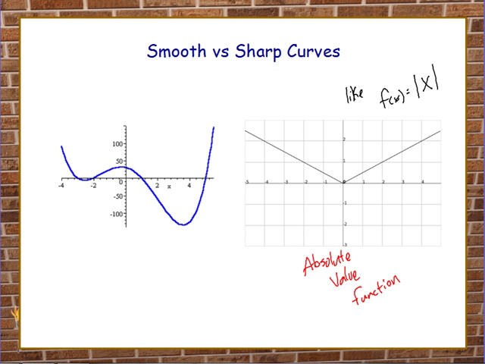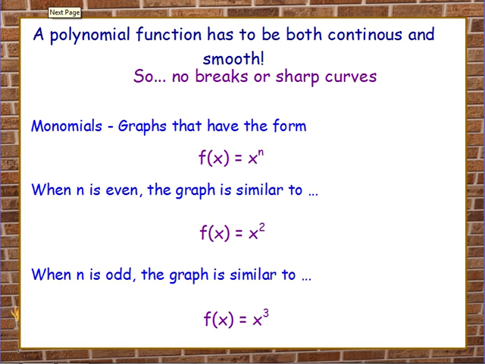So, by definition, a polynomial function has to be both continuous and smooth. It has to be both continuous and smooth to be a polynomial. So, basically, it can't have any breaks, any gaps, any holes, and it can't have any sharp curves as well. No breaks, no sharp curves.